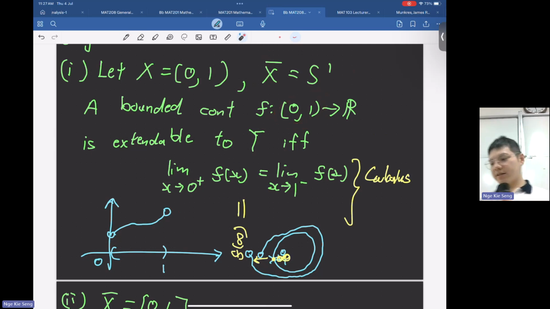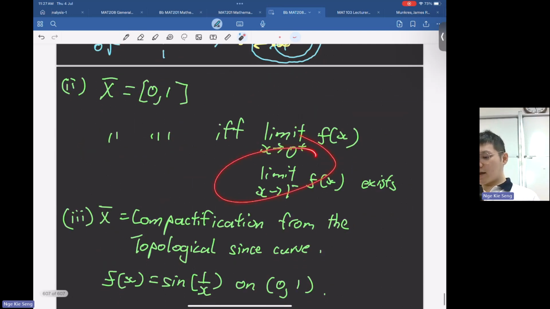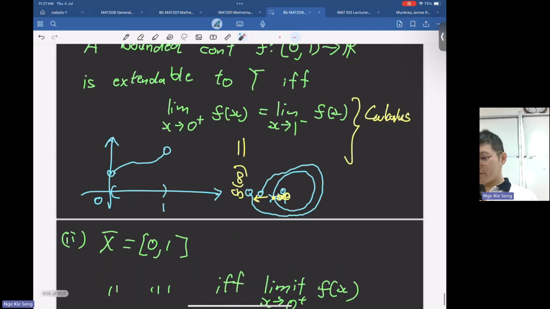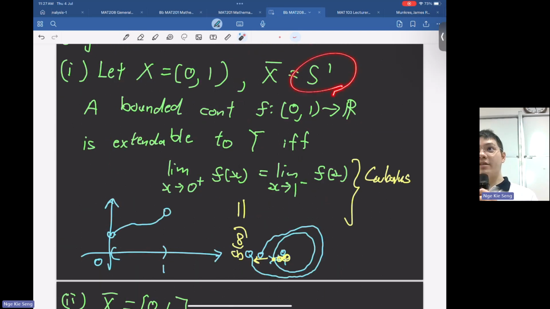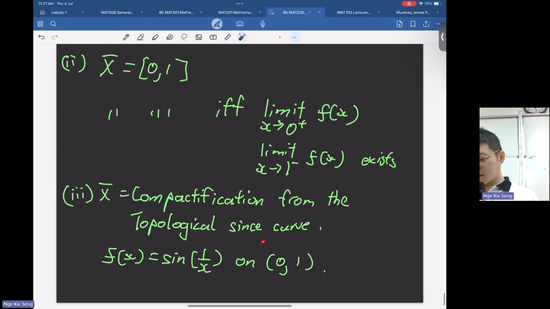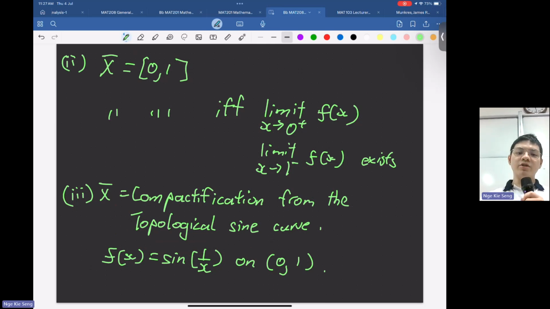In the extendable case, we are looking at different kinds of compactification: the one-point compactification, the two-point compactification, and the topologist's sine curve compactification. So there are a few ways to compactify it. Which compactification is good?